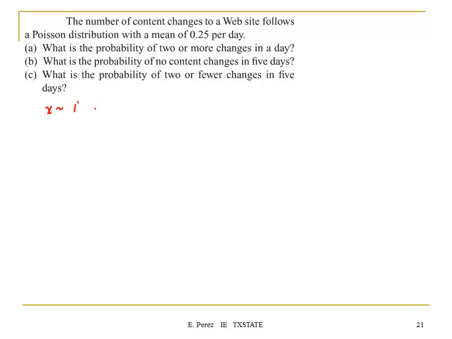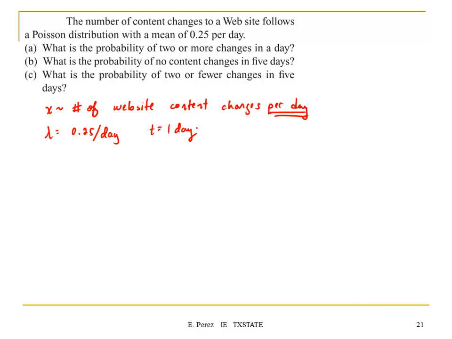So again, let's call X the number of web page or website content changes per day. We have lambda equals 0.25 per day and t equals 1 day.